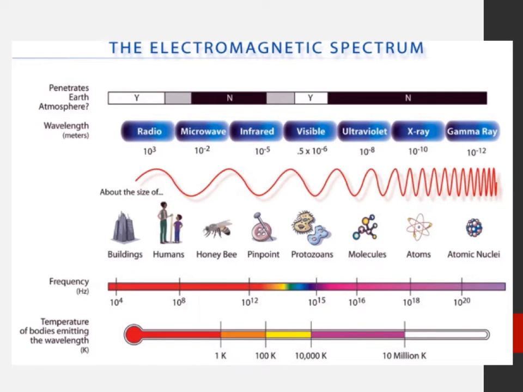One of the things that you should notice is that as frequency increases over here on the right, wavelength is decreasing. And there's some examples here, which is kind of nice.